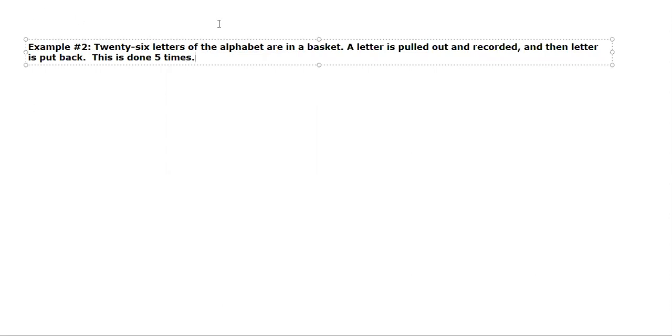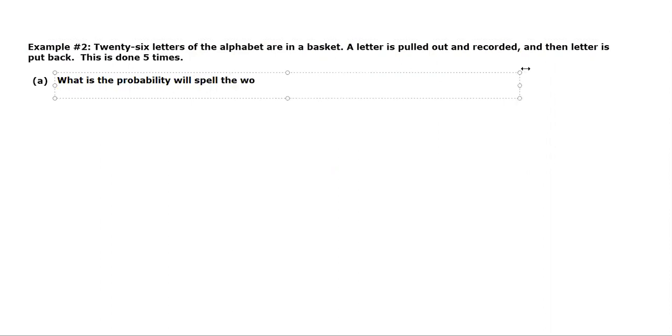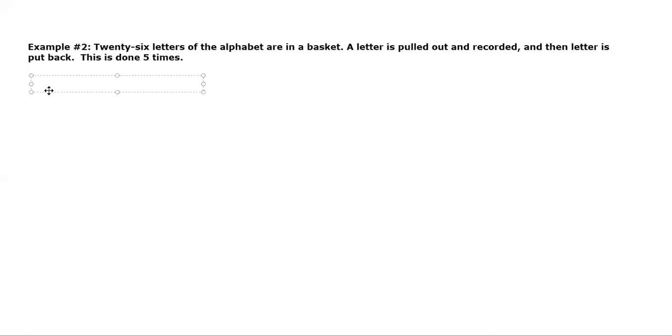Okay, so part A: what is the probability that it will spell the word chalk? Hold on, let me retype this.